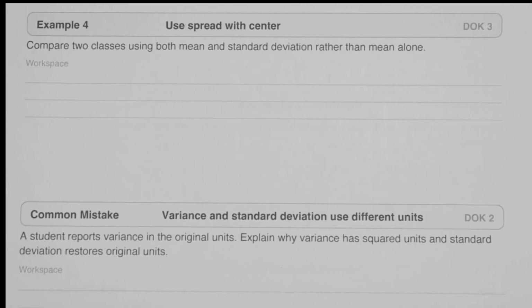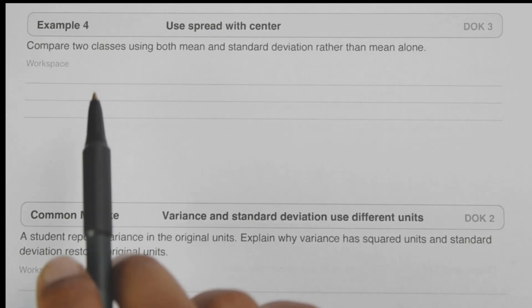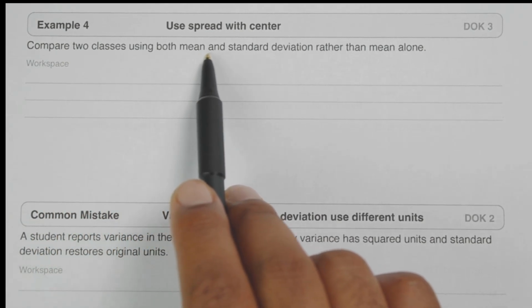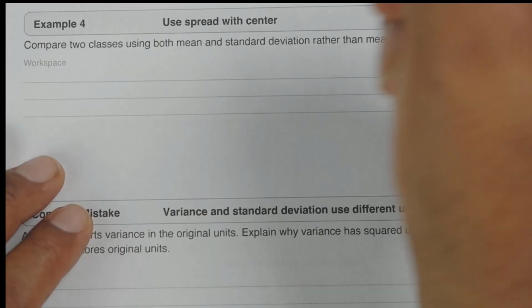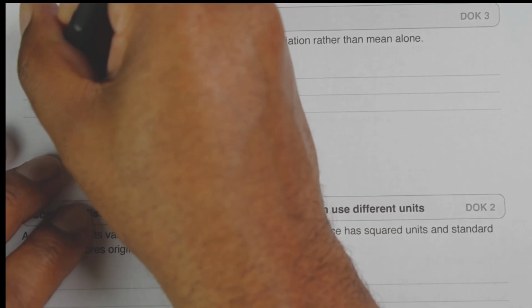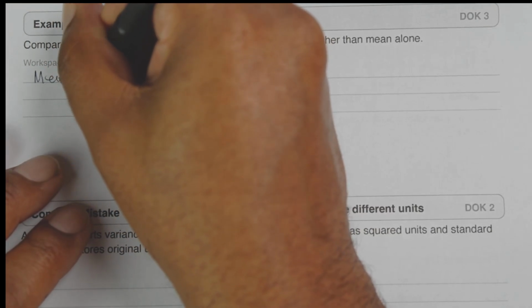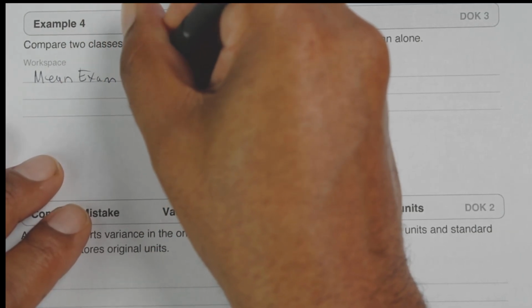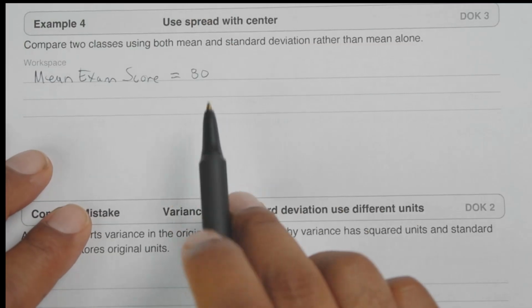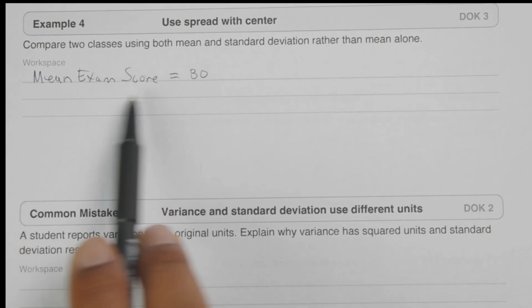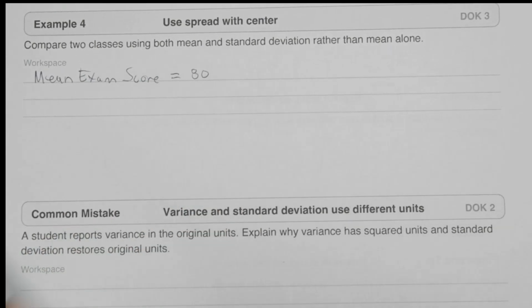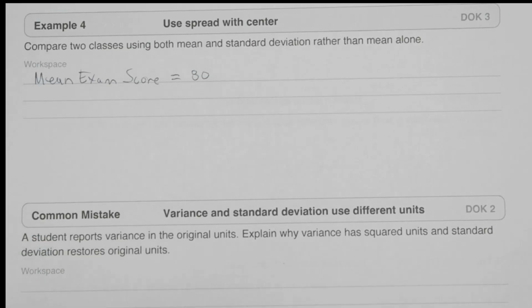Suppose two classes both have a mean exam score of 80 in this example. Compare two classes using both mean and standard deviation rather than mean alone. Suppose this is true, right? If we stop there, then the classes appear identical. You got two classes, both have a mean score of 80. If we stop there, it looks identical.